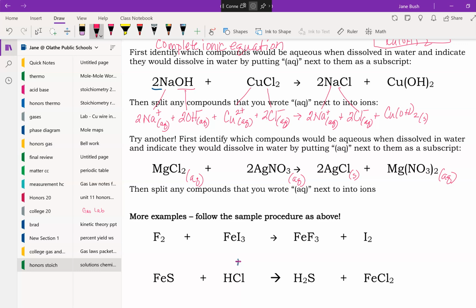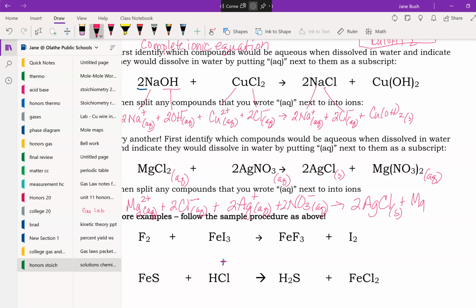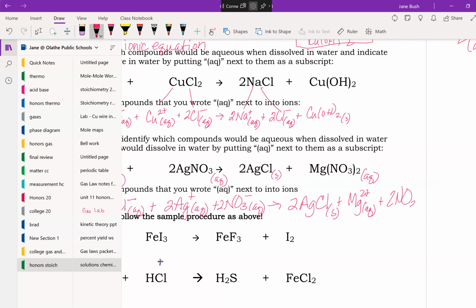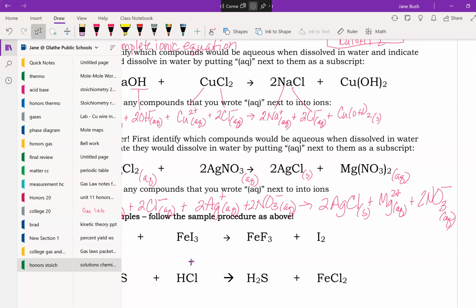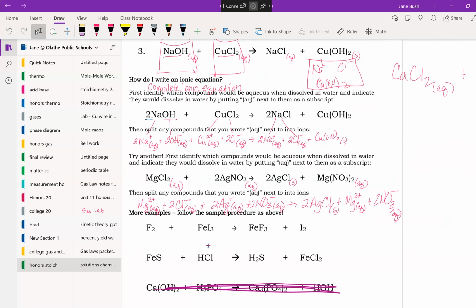All right. So if we write this out, magnesium plus chloride plus silver plus nitrate, those are called complete ionic equations.